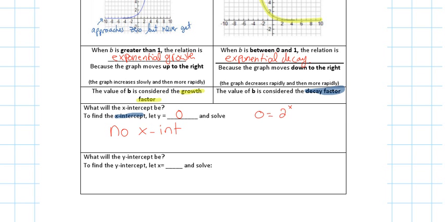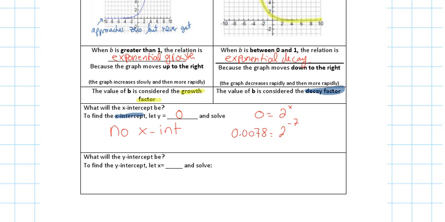That's 0.0078. So no matter what number you plug in, positive or negative, you're not going to get 0. You're going to get close to 0, but you're never going to get to 0. Even 2 to the power of negative 7 gives 0.0078. It's never going to be 0.